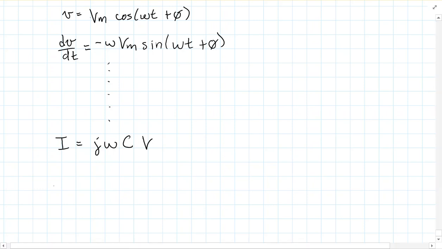So what we really want to do is write this as V is equal to 1 over j omega C times my phasor current. So this is the big deal here. And again, this is an Ohm's law type relation.